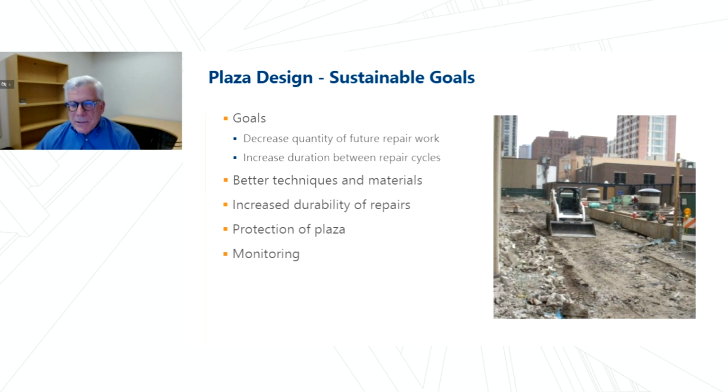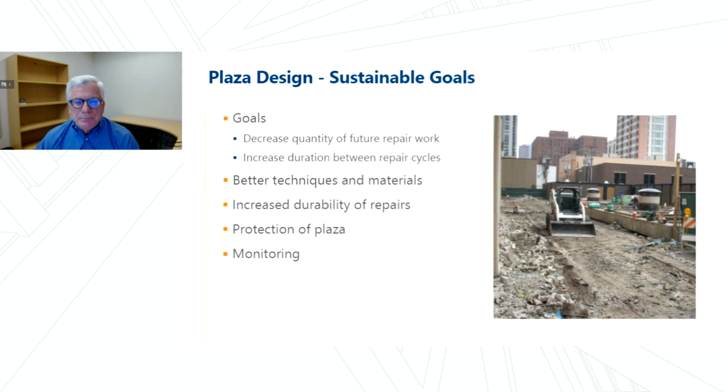A repair is inevitable, but what we want to do is, once again, minimize future repairs and then increase the duration of materials, increase durability of repairs. And what that means is longer service life, protection systems for the plaza, which Jason will discuss later, and then monitoring along the way. And there's often selected items you can do to really try and extend the longevity of your plaza.